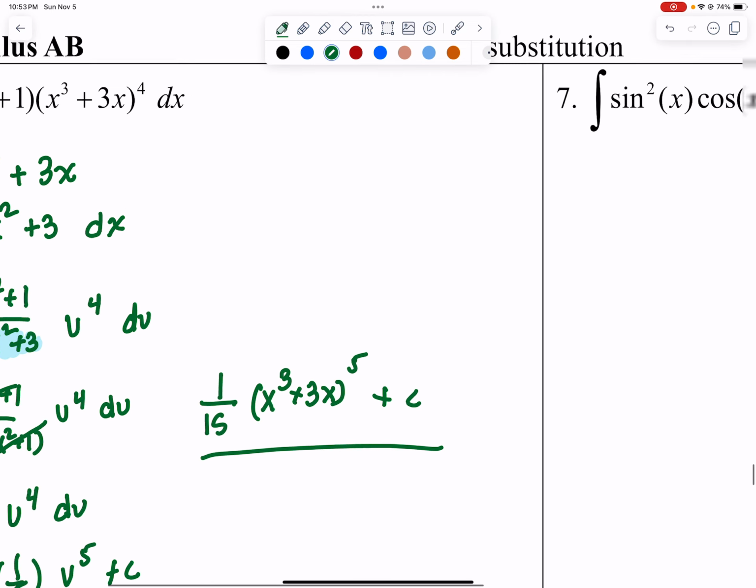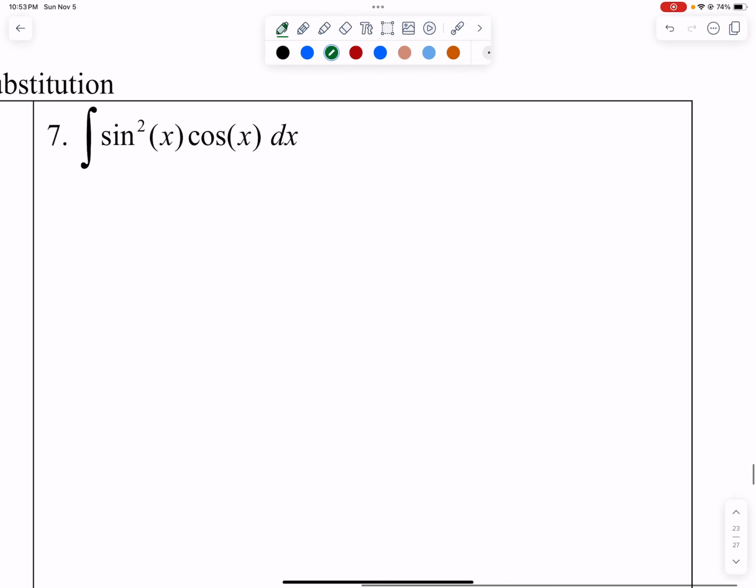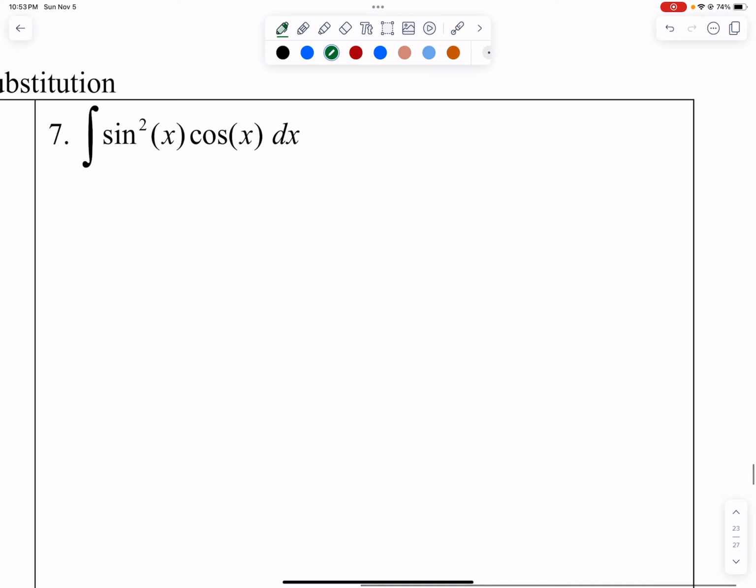Now, for something like number 7 here, once again, we want to figure out what my composition is. Since I have a square right here, u is probably going to be sine. Now, let's say that you didn't know that u was going to be sine, and let's say that u was cosine.